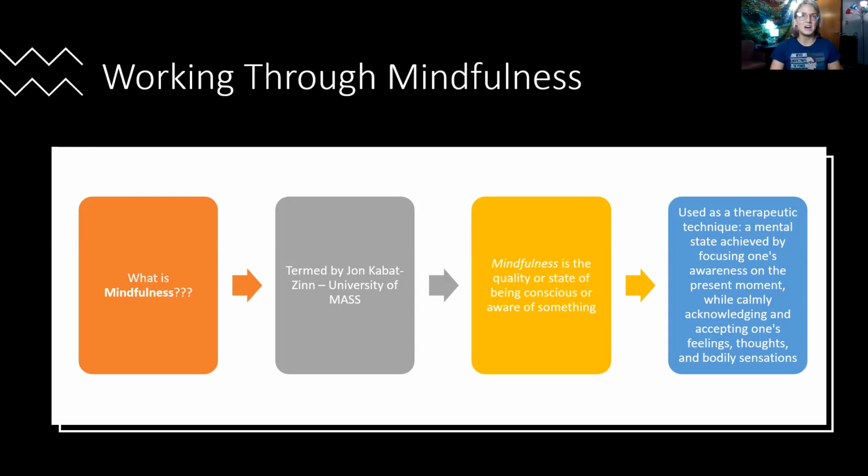And maybe instead of noticing something and then immediately moving through anger, we instead meet this anger with kindness and a more rational response. So that's where mindfulness comes in. This is also used as a therapeutic technique, a mental state achieved by one's focus on the present moment while calmly acknowledging your feelings, thoughts, and bodily sensations.